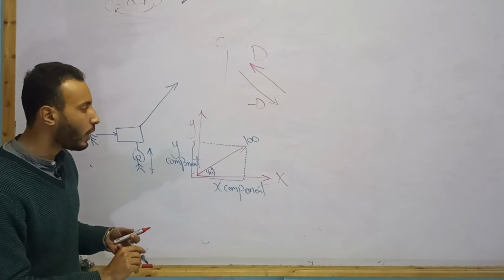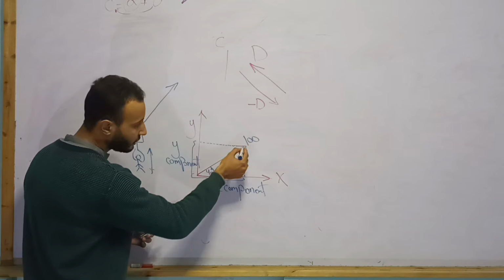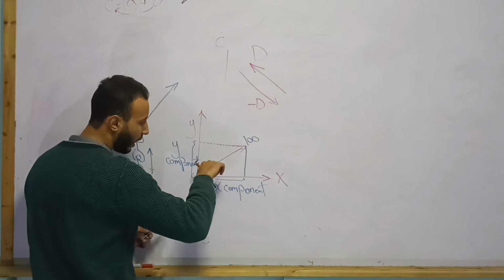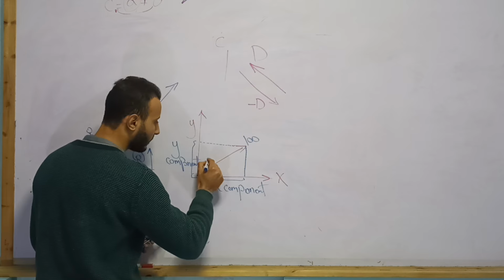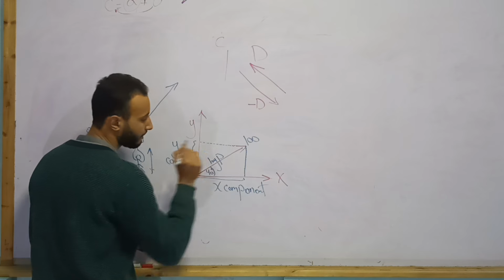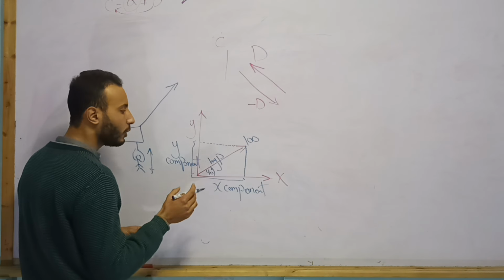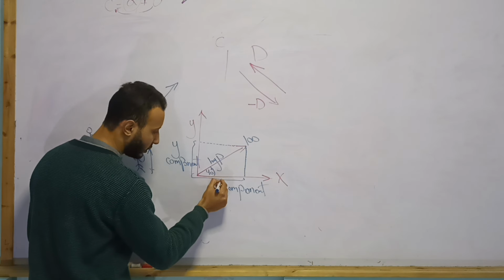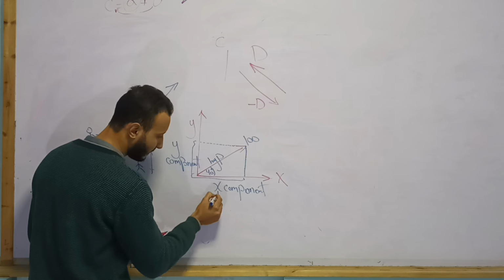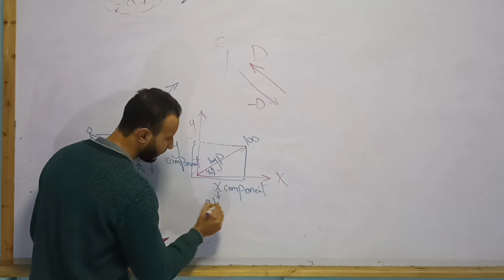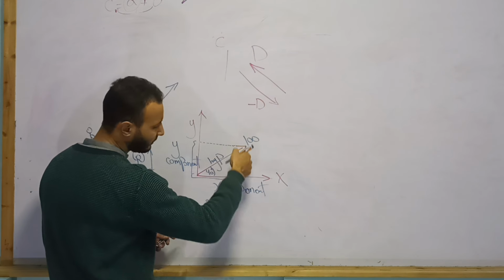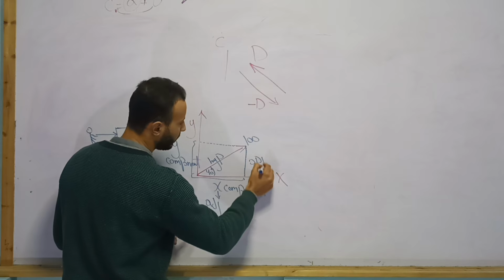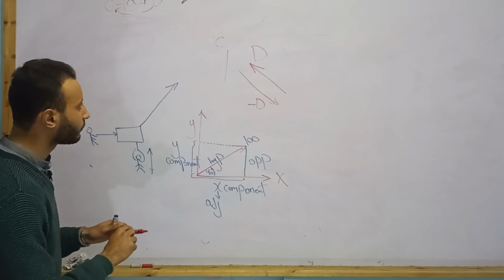So what do you have in this right angle? You have the hypotenuse. And what do you like to get? You like to get the adjacent, because you want the x, which is the adjacent. This side is called the opposite.